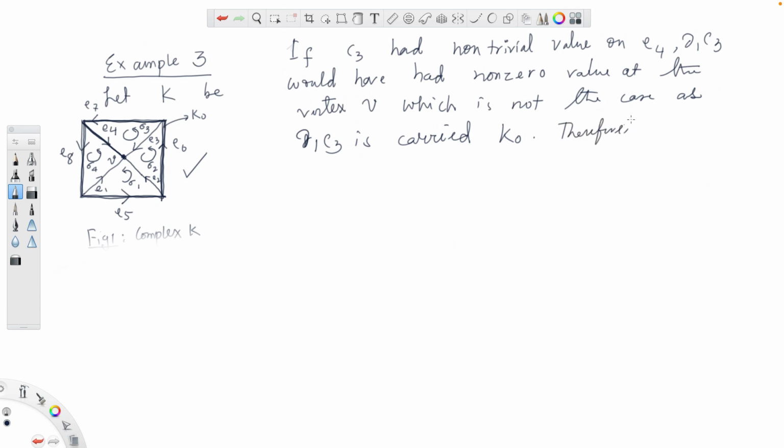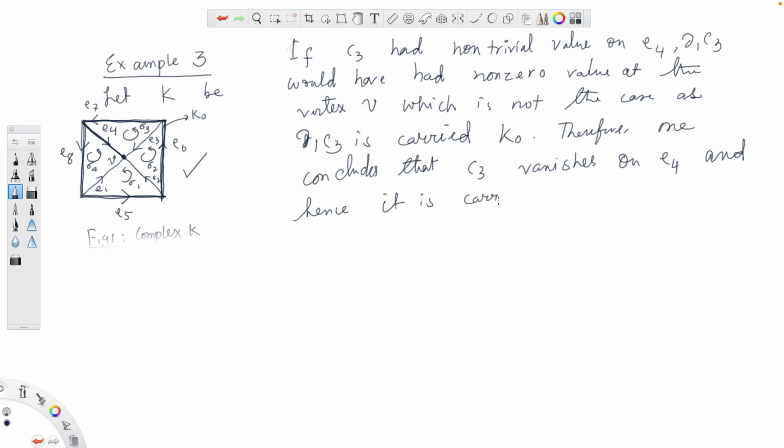Therefore, one concludes that C3 vanishes on E4 and hence it is completely carried by the boundary K0.